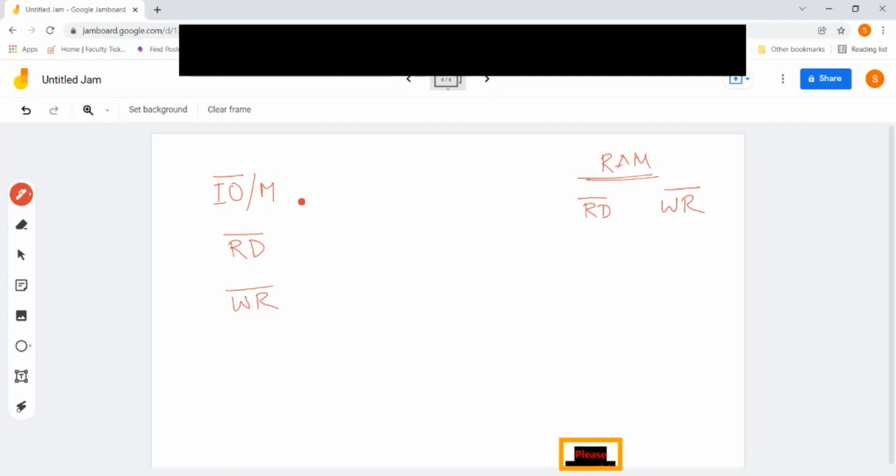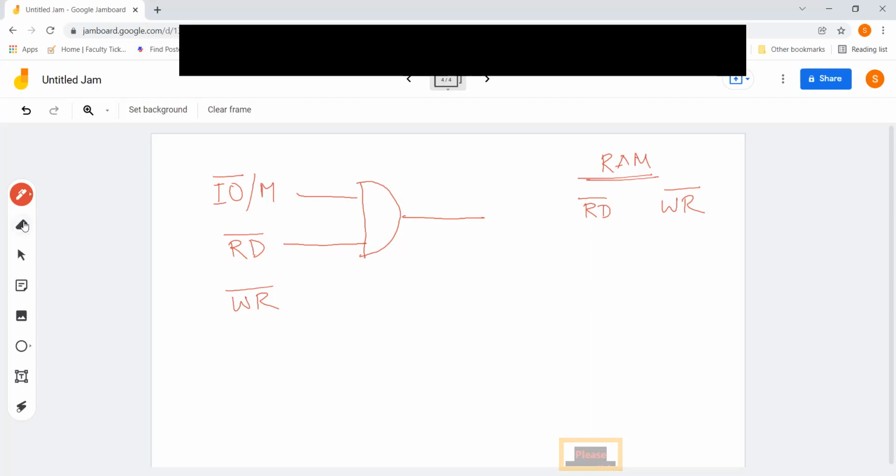Just understand, because it is an IO device, these 2 signals go through a gate. If we connect the IO/M bar and read bar together through an AND gate, we want that when both the inputs are 0, then only the output should be 0. But for an AND gate, that is not happening.